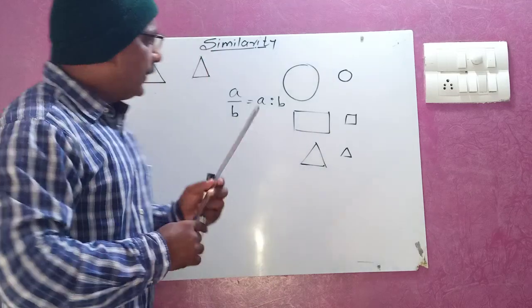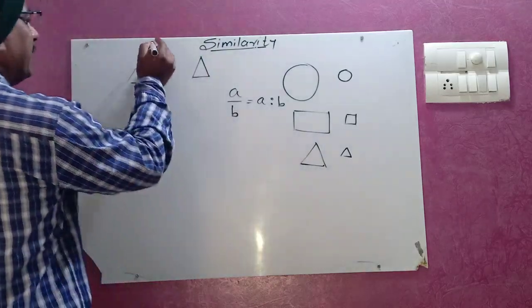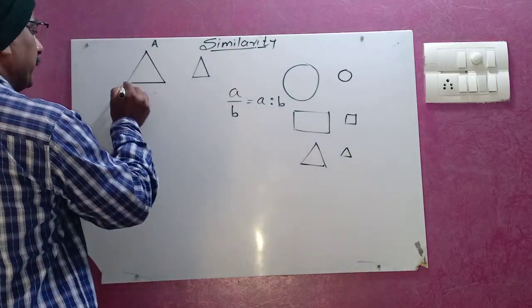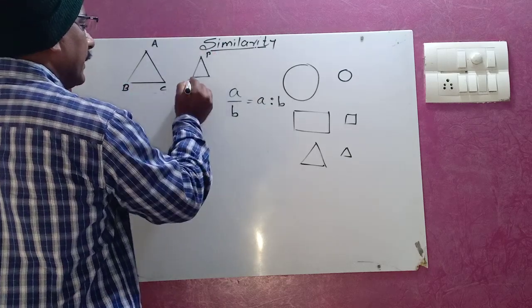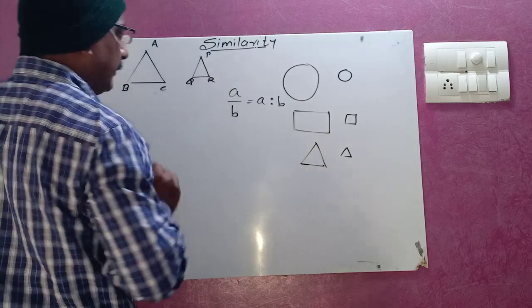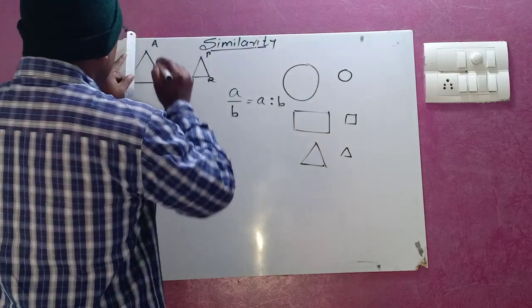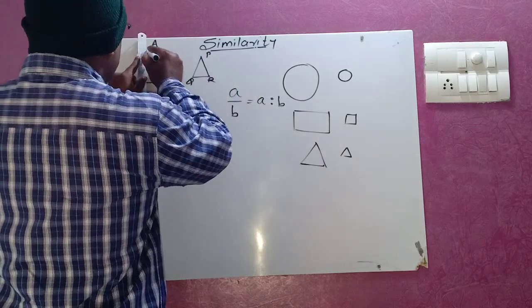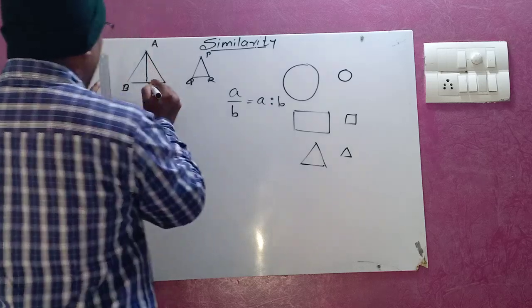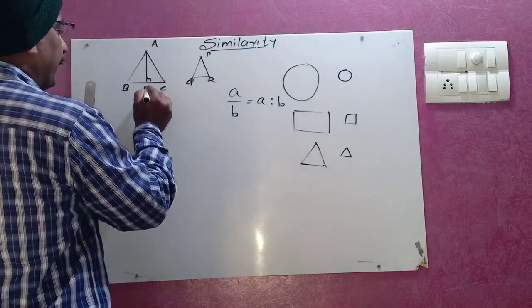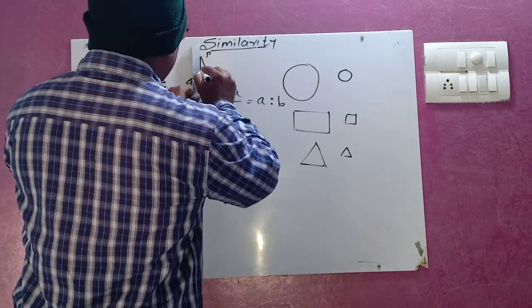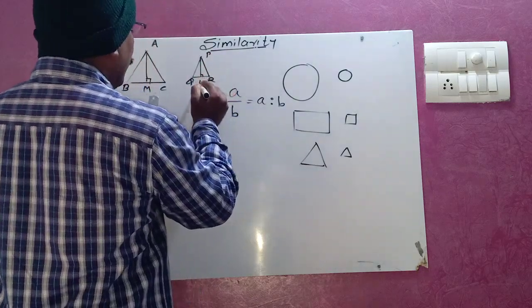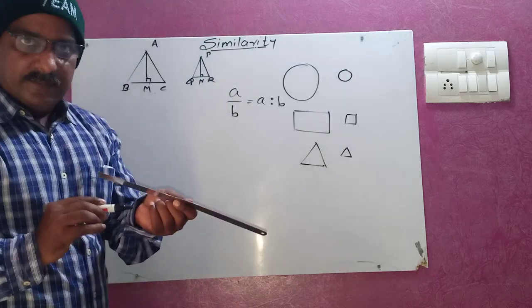Okay children? So here if I name this triangle as A, B, C, and this is P, Q and R, then AM becomes the height of the first triangle and PN becomes the height of the second triangle.